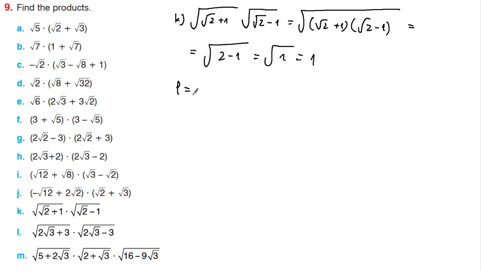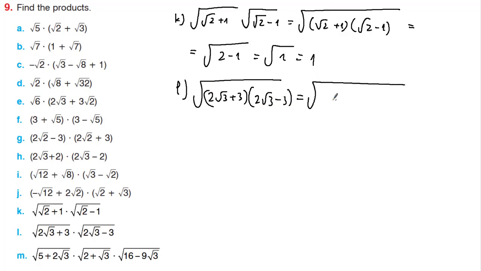Under L, we can combine it directly under the same root. So we get 2 root of 3 plus 3 over 2 root of 3 minus 3. Again, it's the formula a minus b, a plus b. So 2 root of 3 all squared minus 3 squared.